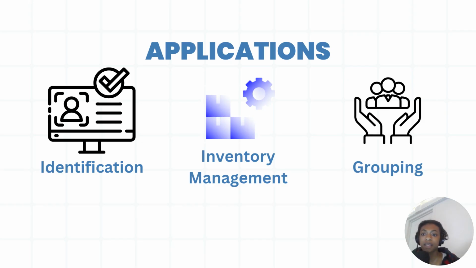Right off the bat, you can use them for identification, inventory management, or grouping. I'll go through a full demo, but let's say I run a service business and I am offering different dog spa packages. I have 5 employees, we operate Monday through Friday, and I keep track of 5 customers.